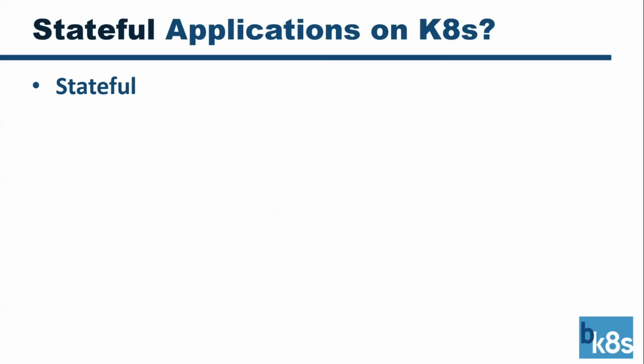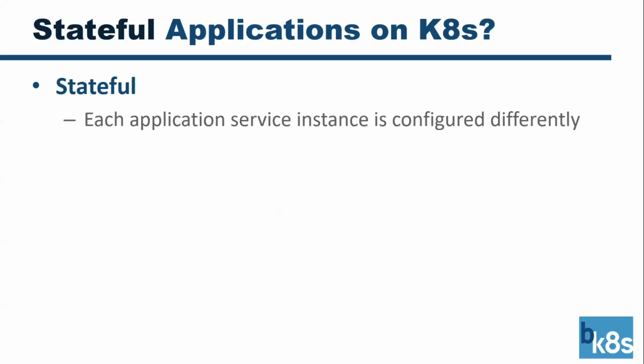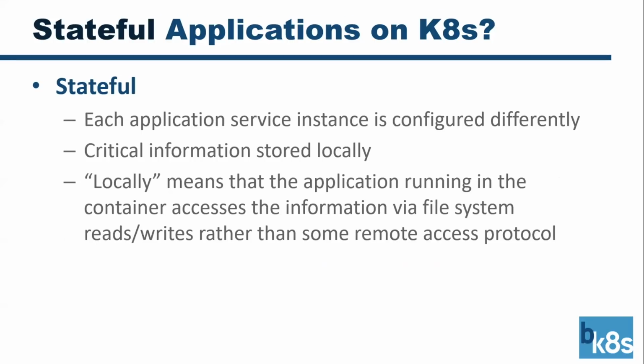This is in contrast to stateful applications. In a stateful application, there is some intrinsic difference to each instance of the application that's instantiated within a container. It may be as simple as an IP address, or it may be more complex. And this critical information is stored locally. Locally means it's part of the storage that's associated with the container when a container starts.